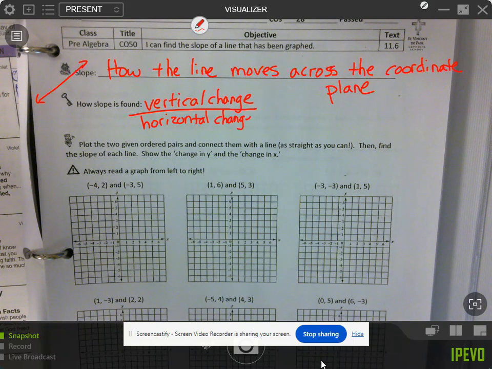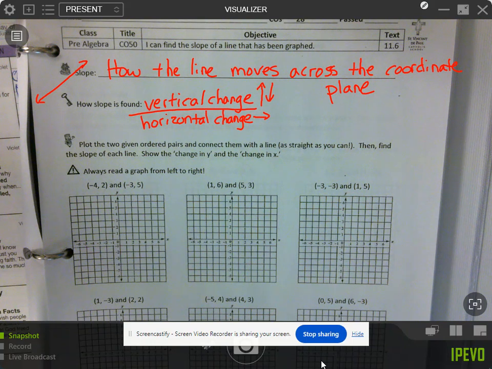What direction are we going if we're going vertically? Exactly, Damien. We're going up or down. So the vertical change, going up or going down, and the horizontal change, how we're going across.